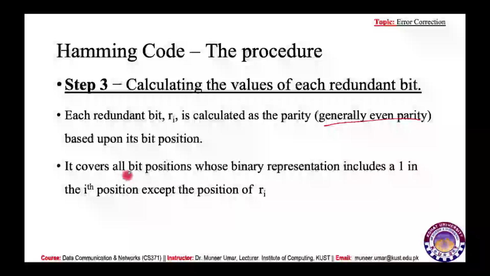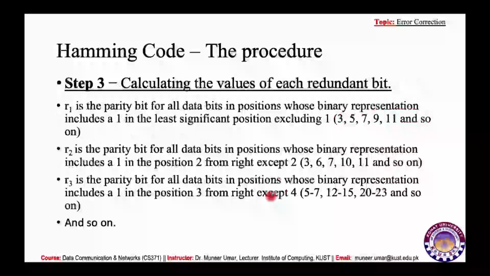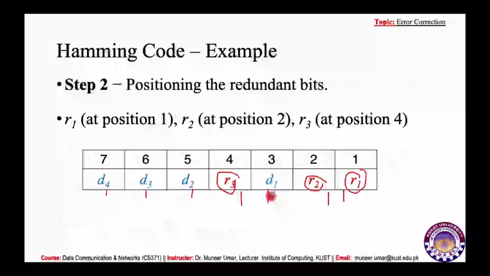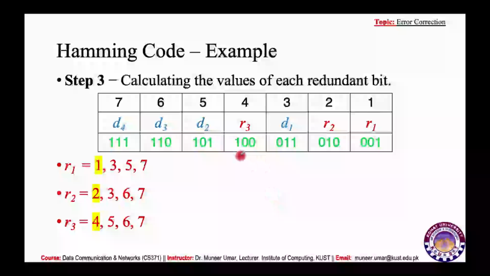It covers all bit positions whose binary representation includes a 1 in the ith position, except the position for Ri. Now here, if we look into this example, actually we will explain this example later.